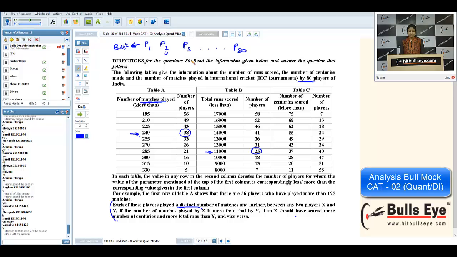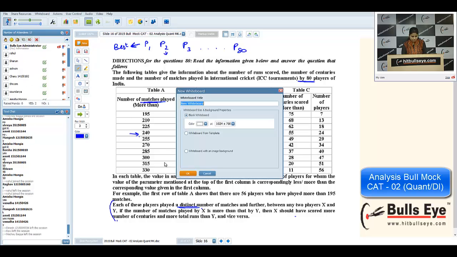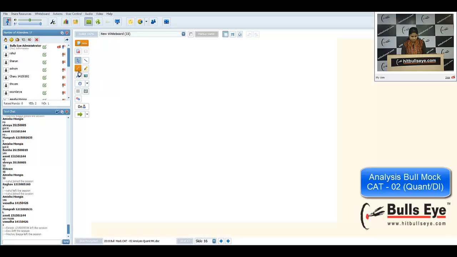Ascending order means P1 is the best player, P2 is next to best, P3 is next to P2, and so on. So now my condition was P1, P2, and so on up to P80.